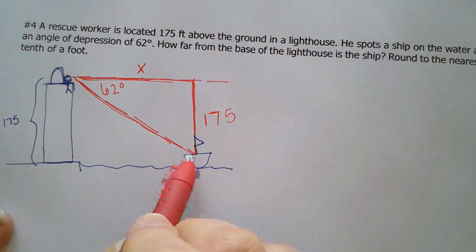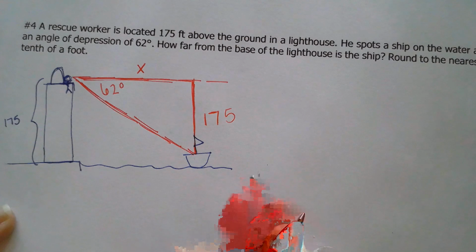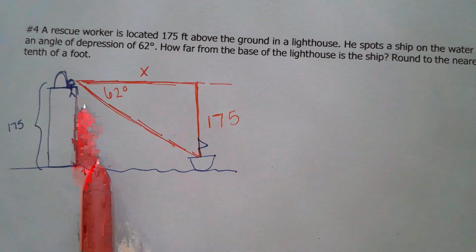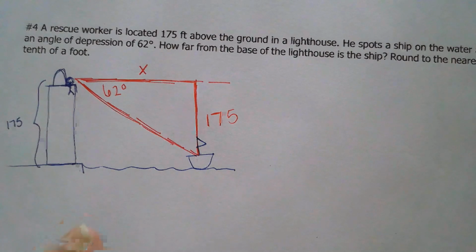My drawing's just off. You can also think about this the other way, using this triangle here, but you would have to use a different angle. So this is going to be our easiest way to do this. So here's our angle, 62 degrees.